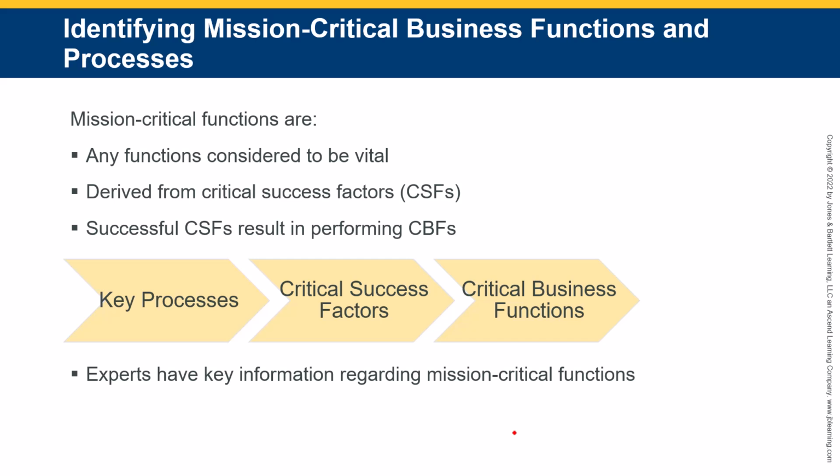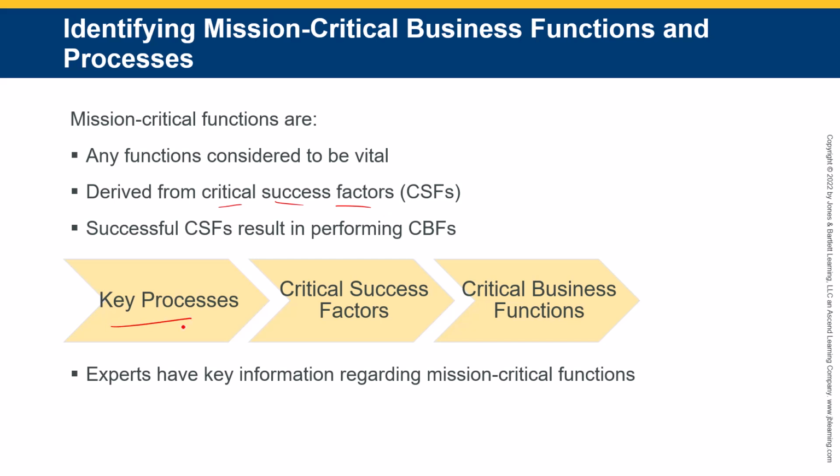Identifying the mission critical business functions. Again, these are going to be the critical success factors, CSFs. And these are any functions considered to be vital for the business to operate. Successful CSF results in performing a CBF. You have to identify what the business functions are so you can identify what the critical business functions are.